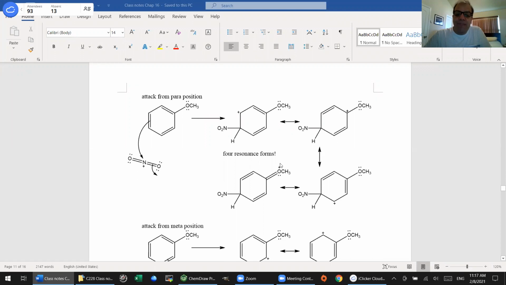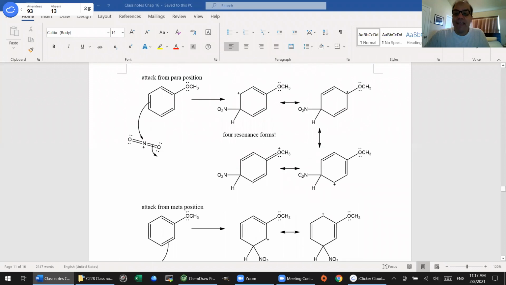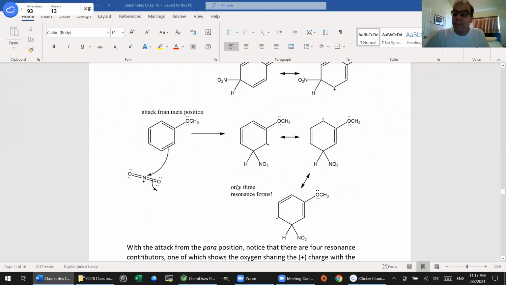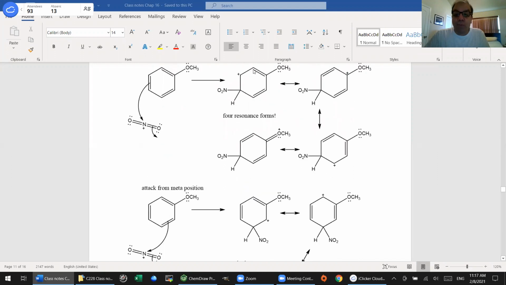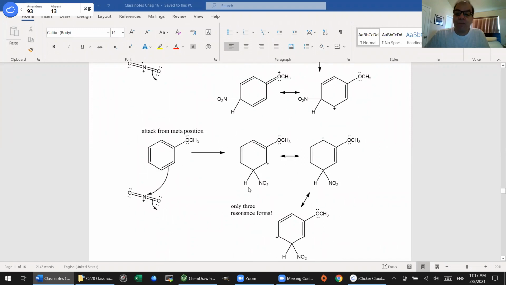And you'll see that when there's an oxygen or nitrogen attached directly to the aromatic ring. So in comparison, I think we have to agree this intermediate is much better than this intermediate. And so that's one reason why attack from the para position is so favored over attack from the meta position.